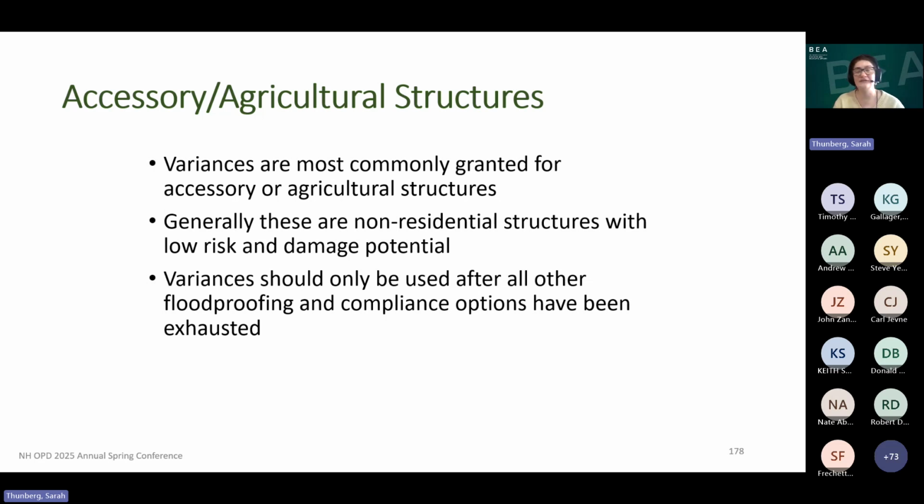Because if you have a flash flood in the middle of the night, with a non-residential structure, hopefully, ideally, nobody's going to be sleeping there and be surprised and their bed is floating down the river. That ideally would not be happening with these structures. So they are generally determined to be low risk, low damage. The variances should only be used after all other floodproofing and compliance options have been exhausted.